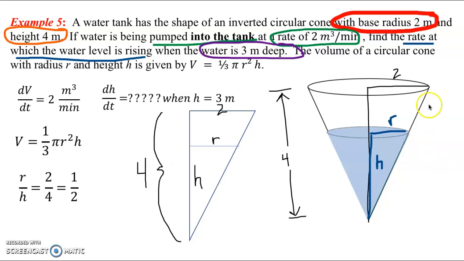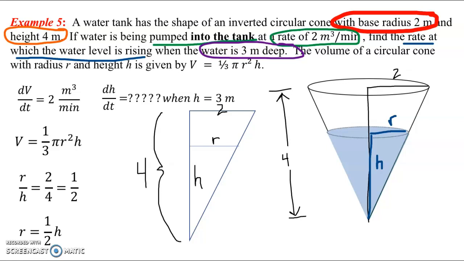So if I did base is to height as base is to height, I'm doing what's called the ratio of their sides. So I know the ratio of the radius to the height is equal to 1/2. Now I'm going to solve for r here just by doing a little bit of algebra. So I'm going to cross multiply there and say r is equal to 1/2 h.